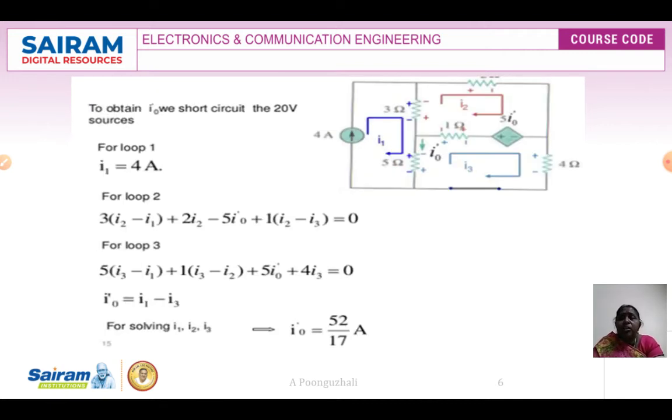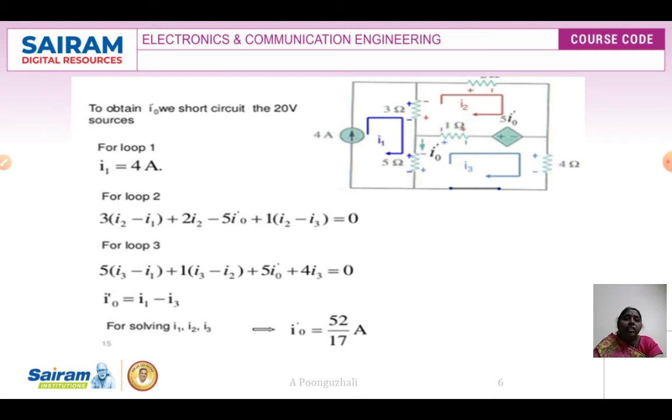First, obtain I0 dash with the voltage source short circuited. I have short circuited this voltage source. Now the current source gives I1 equal to 4 amps. For loop 2, you write the KVL equation.